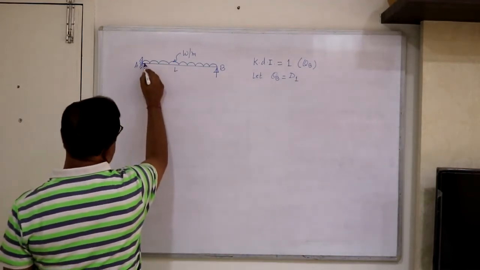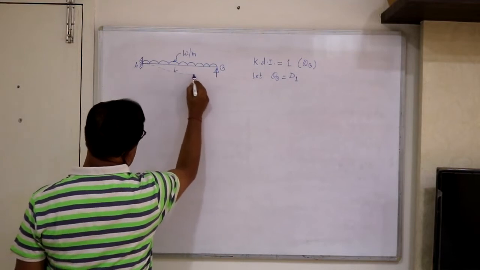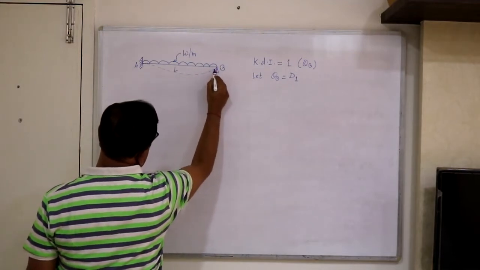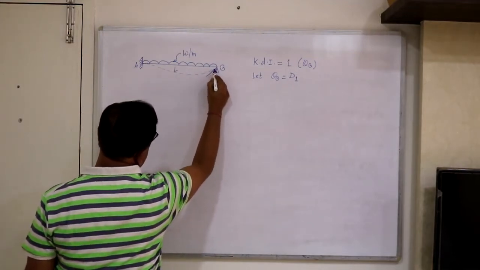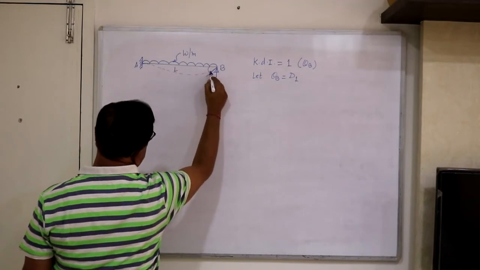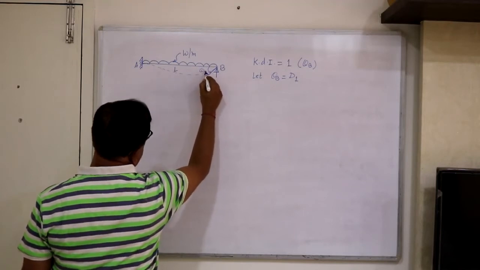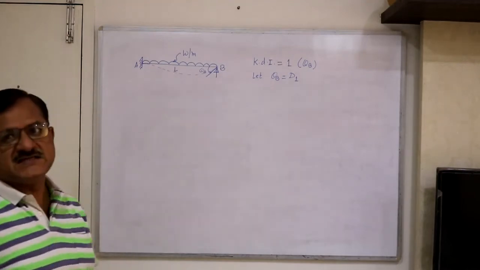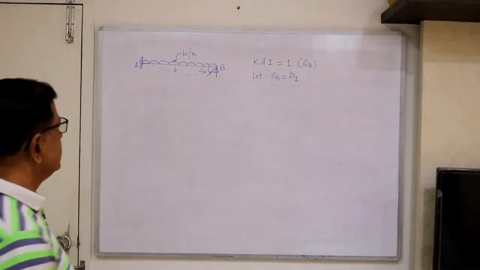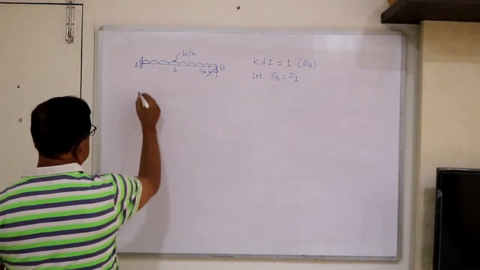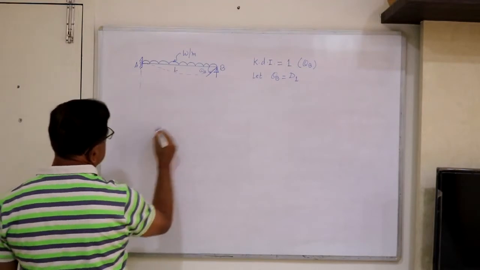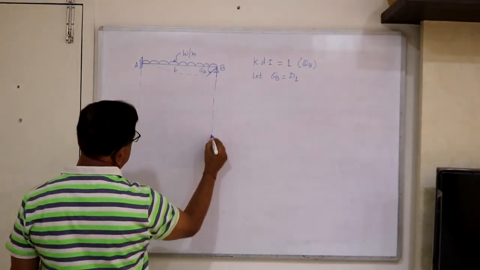If you draw the deflected shape by a dotted line, it will deflect like this. If you draw the tangent here, this is θB, which is unknown. We generally neglect axial deformation while solving problems.